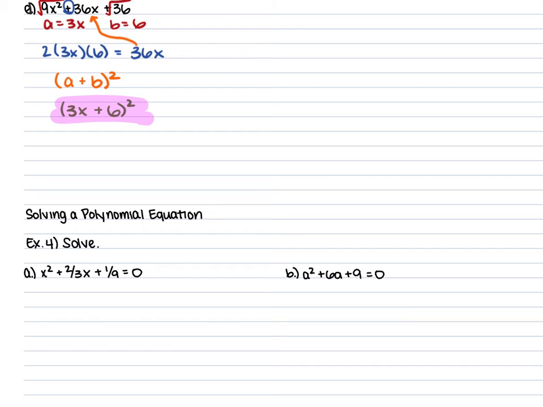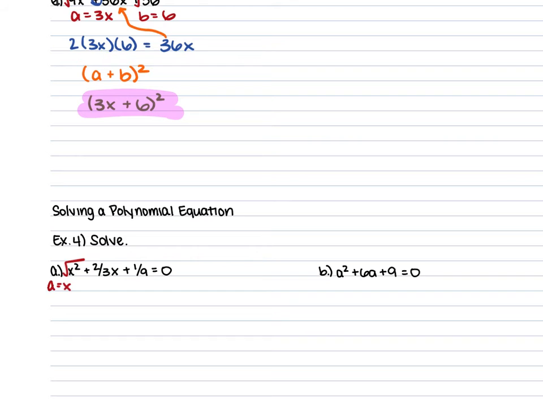If we look at example 4a, we are given x squared plus 2/3 x plus 1/9 is equal to 0. We have a perfect square trinomial here because we can take the square root of x squared, it gives us x. We can take the square root of 1/9, it gives us 1/3.